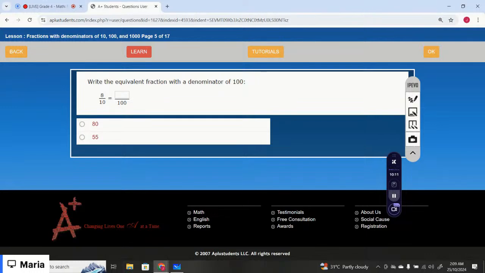That is 80 over 100. The correct option is 80. Option number 1 is the correct option.